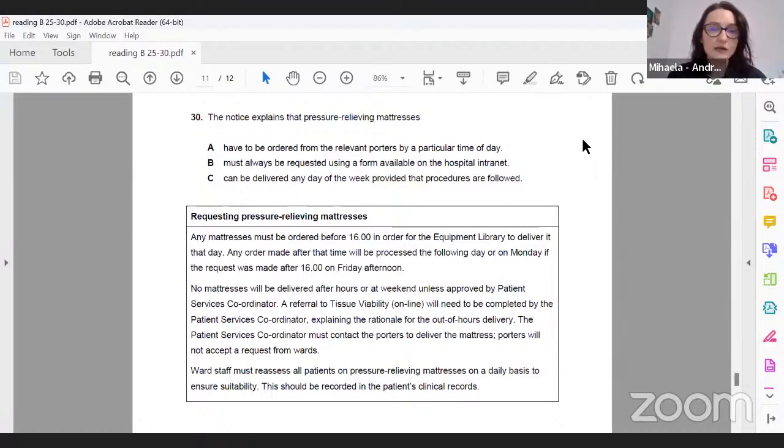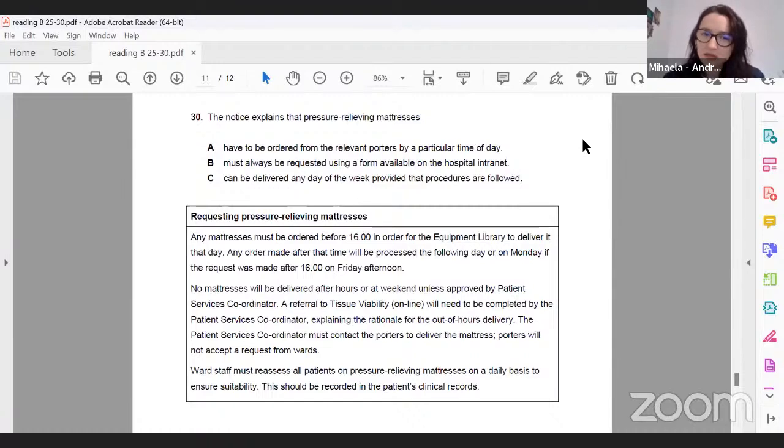B, why? A referral to tissue viability, it is the form that you need to send when the patient is using a mattress. I would say A. Option, you said B, always using a form available on the intranet.